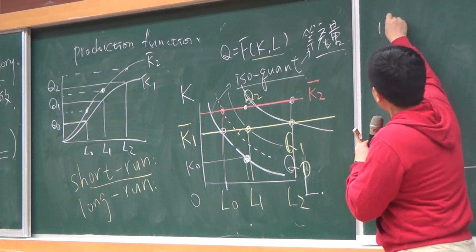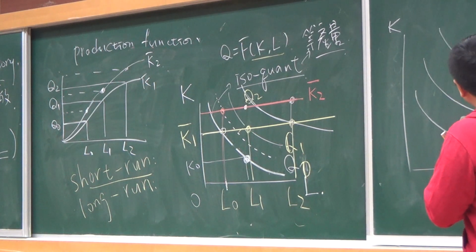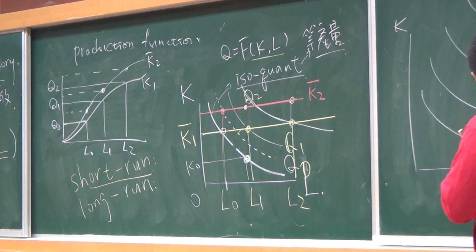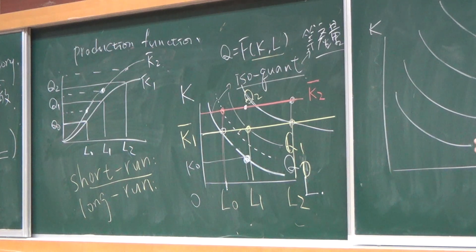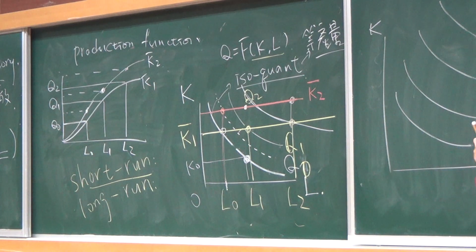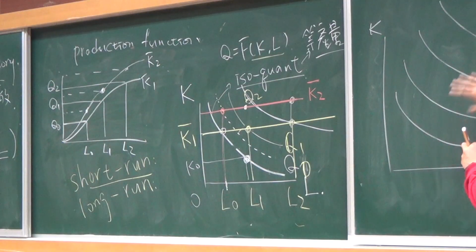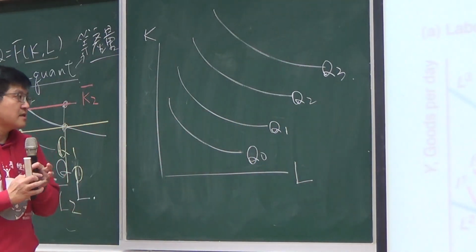Labor, capital, isoquant. Q0, Q1, Q2, Q3. All right. So the very first thing is that on the labor-capital plane, we may have numerous isoquants.